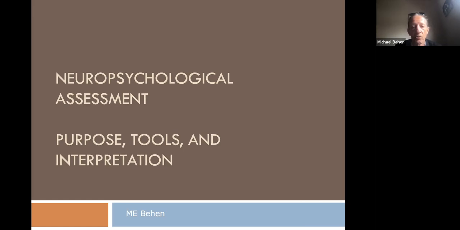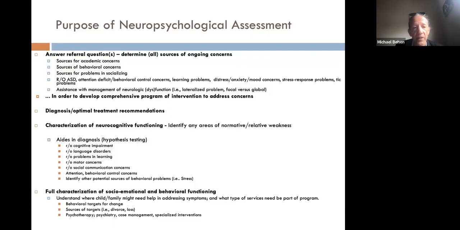One of the things we do is really try to focus on using the assessment to help us develop a treatment plan for the individual who we're assessing, right? So I'll be talking about assessment, especially as used to create a full program of intervention for someone, okay?